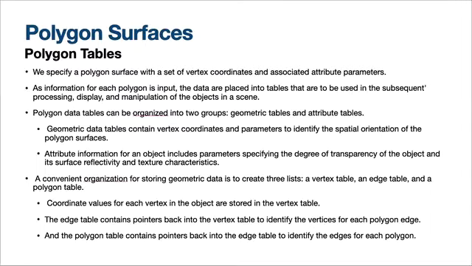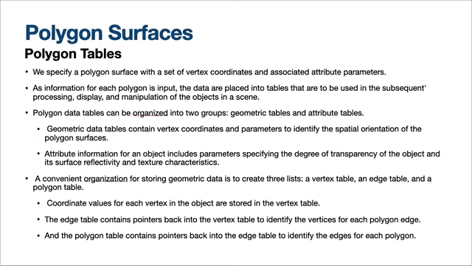Geometric data tables contain the set of vertex coordinates and parameters to identify the spatial orientation of the polygon surface, and the attribute table will contain other parameters specifying the degree of transparency, the texture, surface reflectivity, etc.